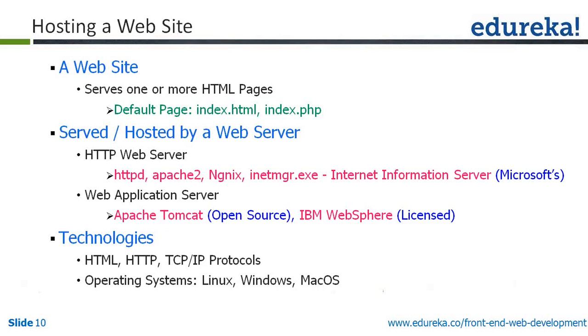Note that generally HTTP web servers will serve the static content, and a little bit of dynamic content if you have done scripting in a language like PHP. Whereas on application servers, you can write the backend code in a programming language like Java.